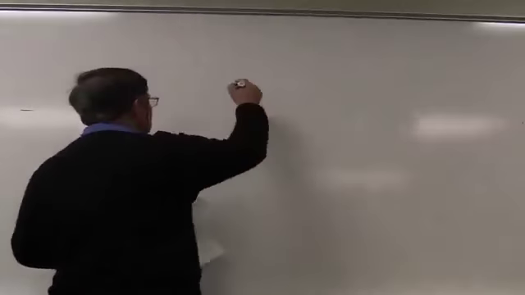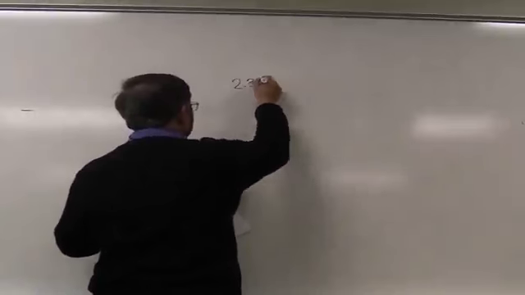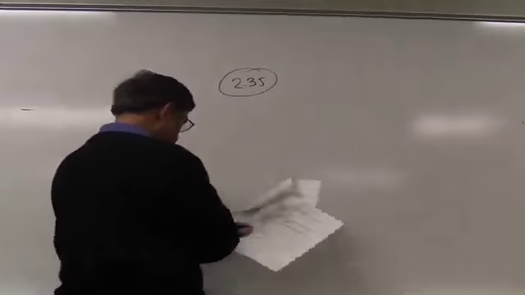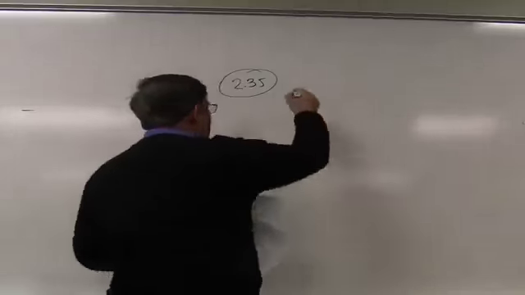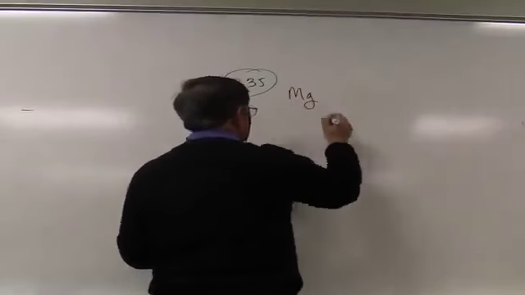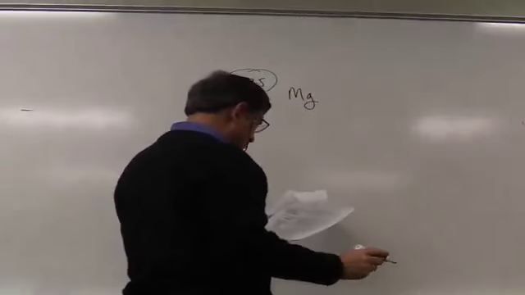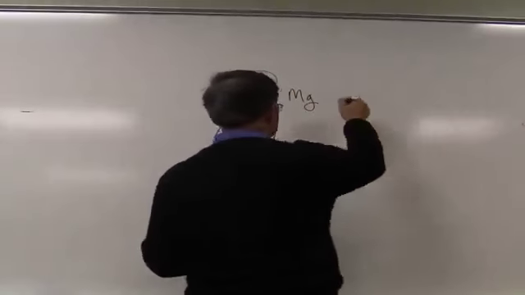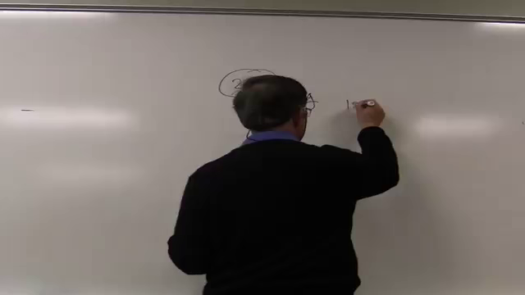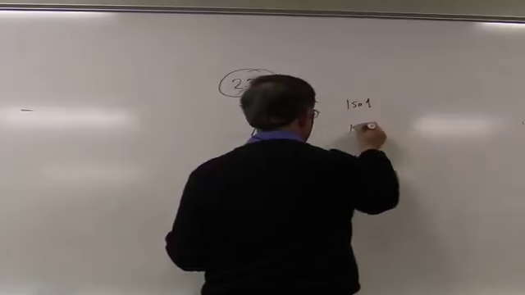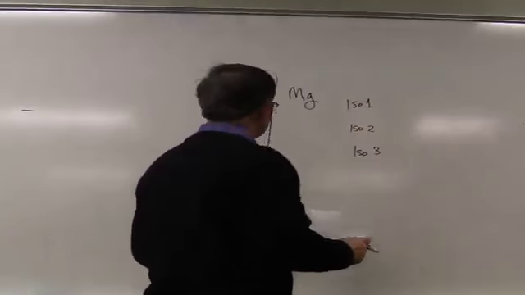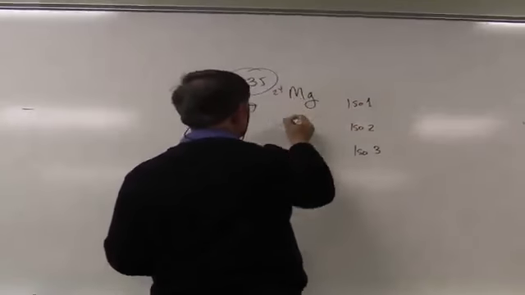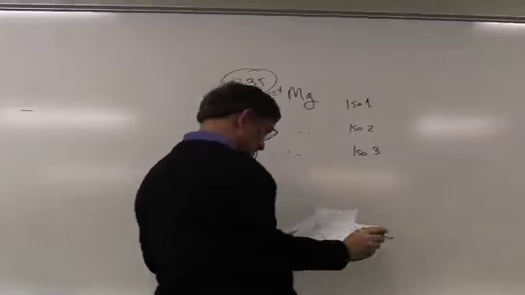This is 2.35, magnesium. They have given you 3 isotopes. Just to save our time and writing, I'm just going to write down isotope 1, isotope 2, isotope 3. So they have given you magnesium 24, and then 25, 26.